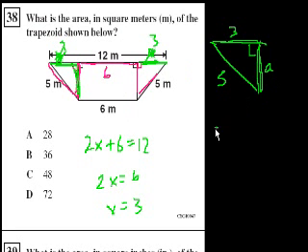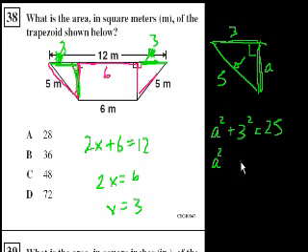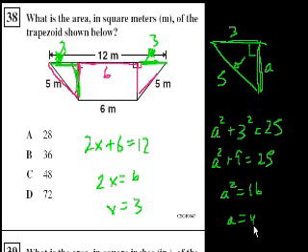So A squared plus 3 squared is equal to the hypotenuse squared, the side opposite the 90-degree angle squared. So that is equal to 25. 5 squared is 25. A squared plus 9 is equal to 25. A squared is equal to 16. A is equal to 4, and now we're ready to figure out the area.